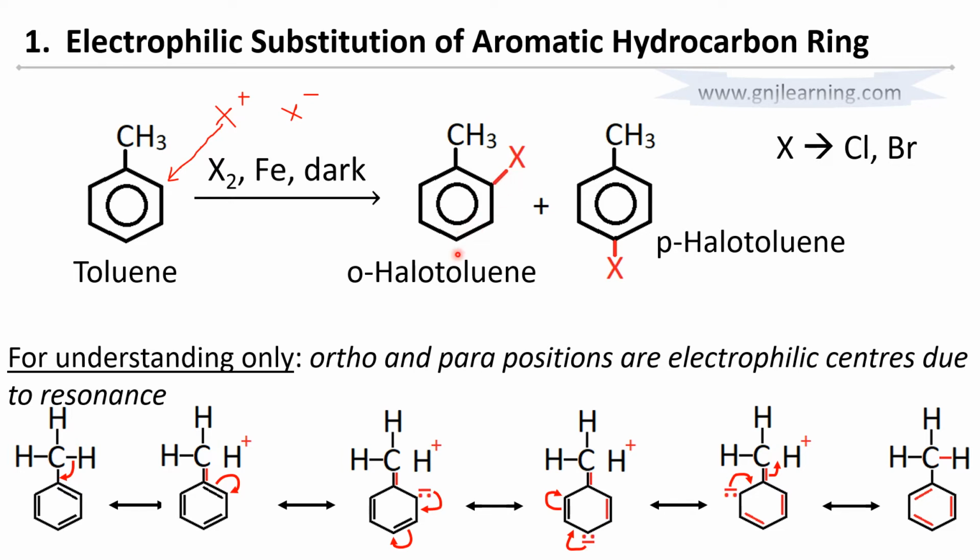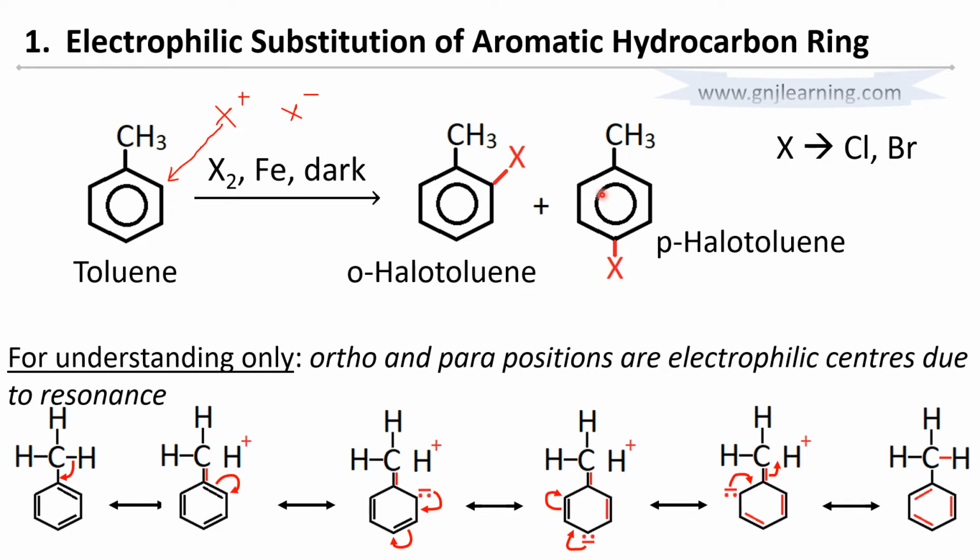But in our case it is toluene, it is weakly directing. So what happens is, if on one molecule there is an ortho substitution, on the same molecule there will be no para substitution. Para substitution will be taking place on another molecule.